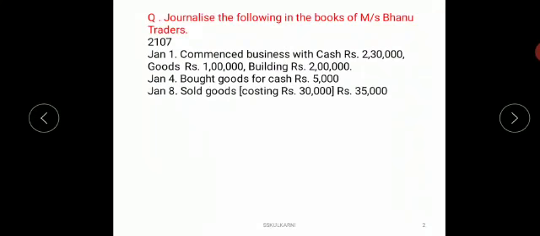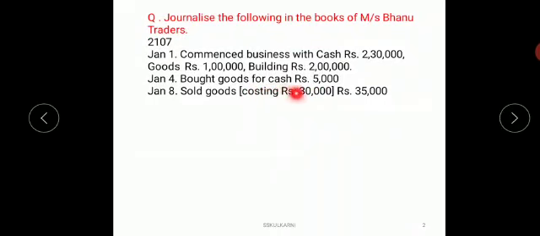8th January sold goods costing rupees 30,000 for 35,000. Now when two amounts are given, students, always remember whatever amount is given in the bracket is your purchase price.